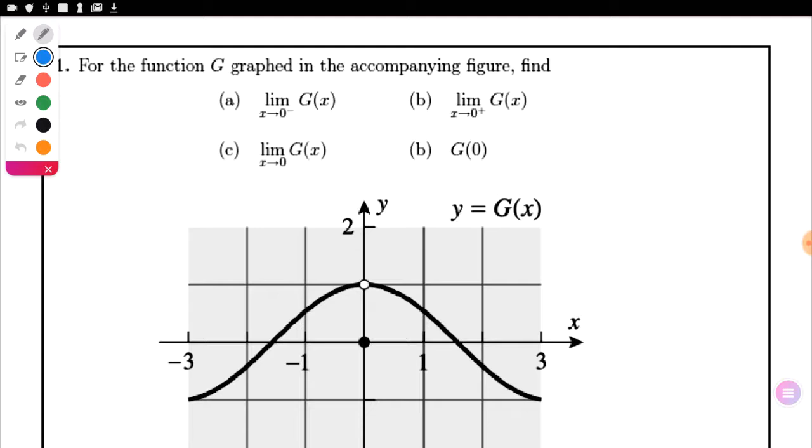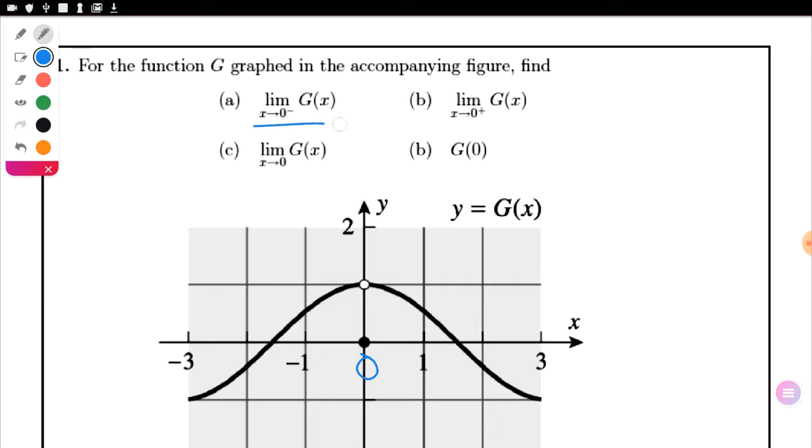For the function g graphed in the accompanying figure, find the limit of g of x when x approaches 0 from the left. Okay, where is the 0? As you see here, that is the 0 of the graph.